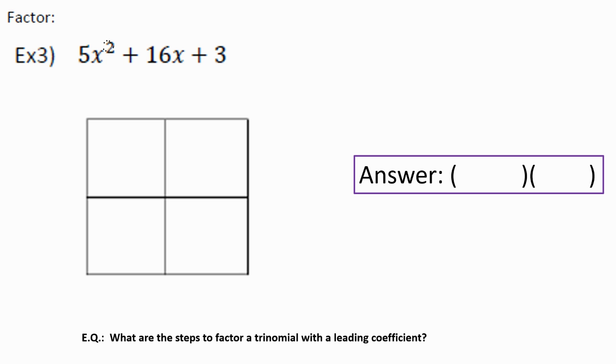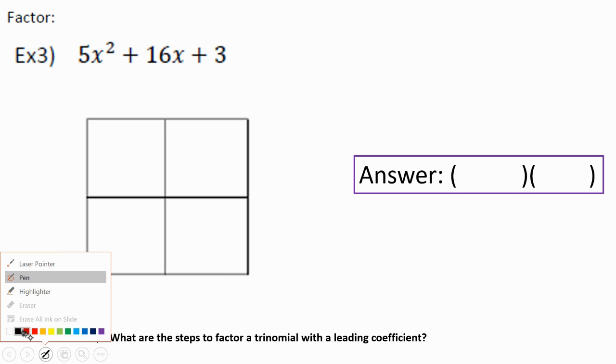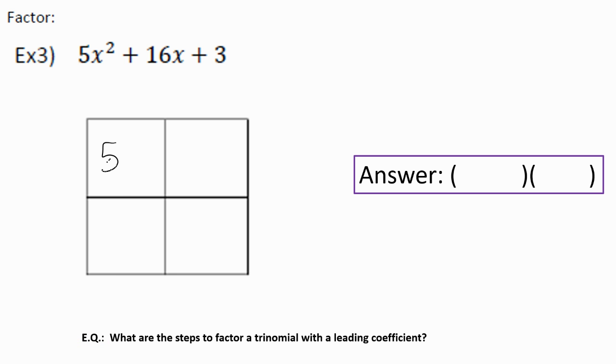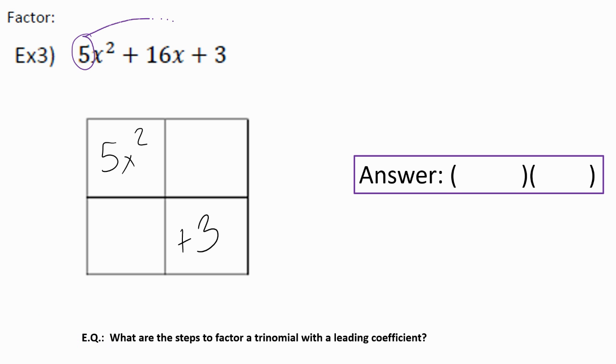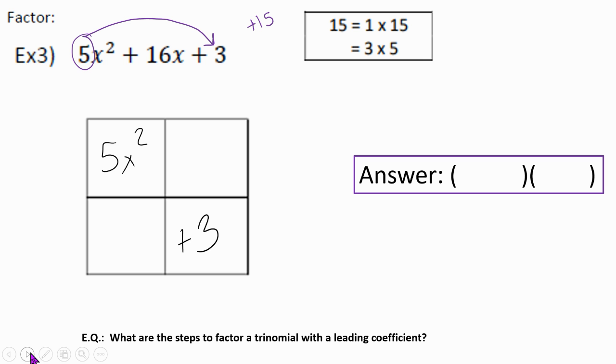All right, first it's in the right order. So good. We're going to go ahead, put the 5x squared in the front, the +3 in the back. Now we're going to multiply 5 times 3. We all know that's a +15. And so from our product factors chart, here are the only factors of 15.